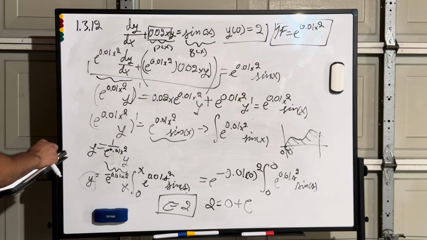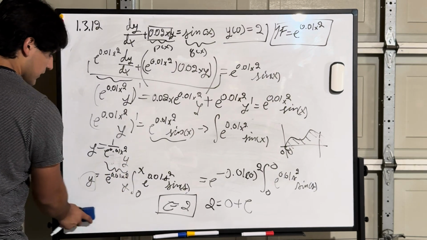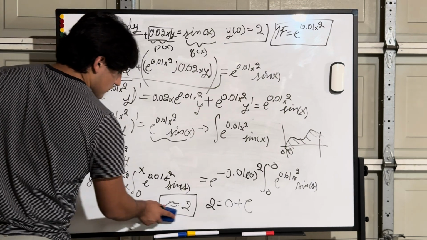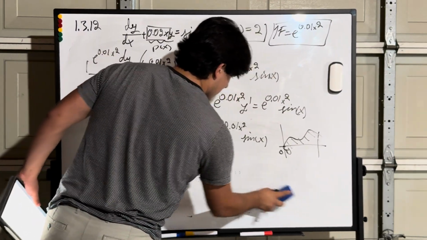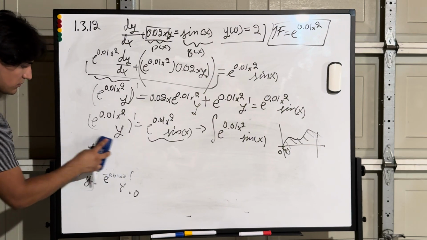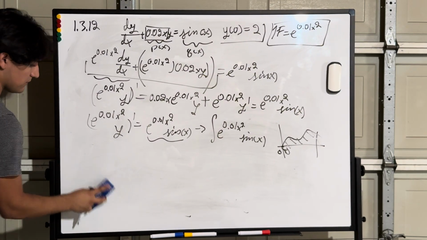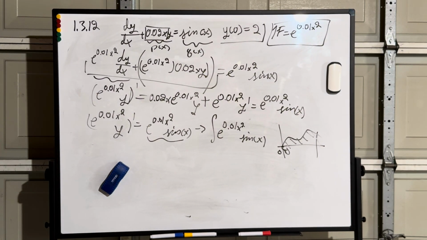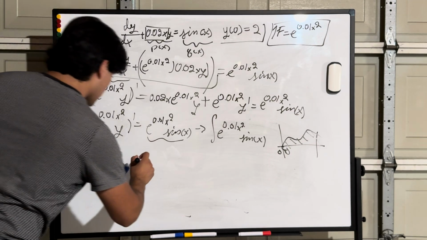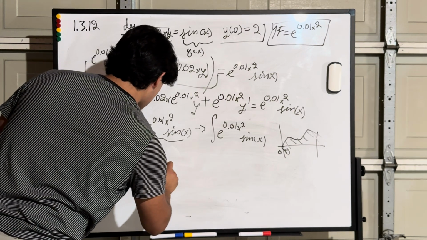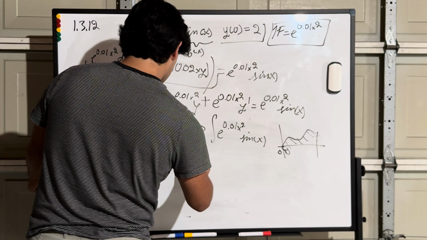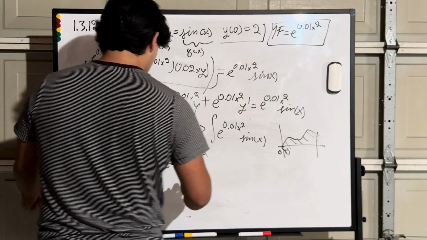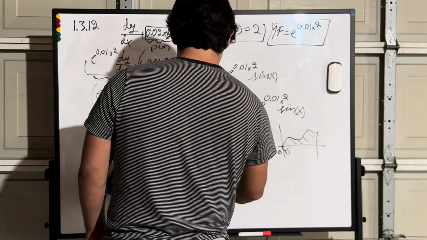And then just for the general solution of our differential equation, y of x is equal to e to the negative 0.01 x squared times the integral from 0 to x.